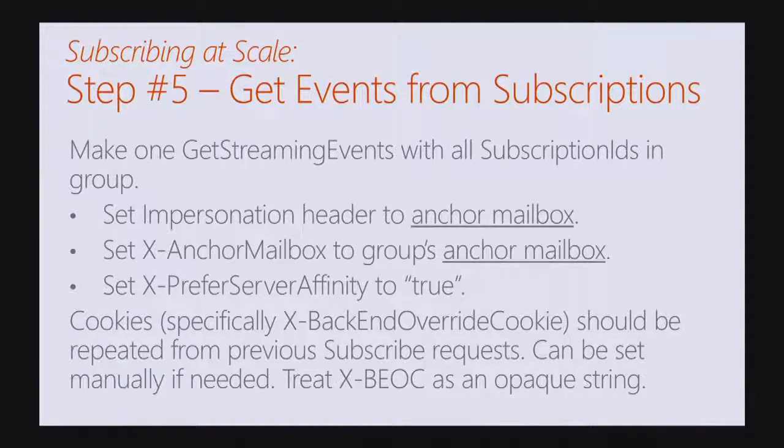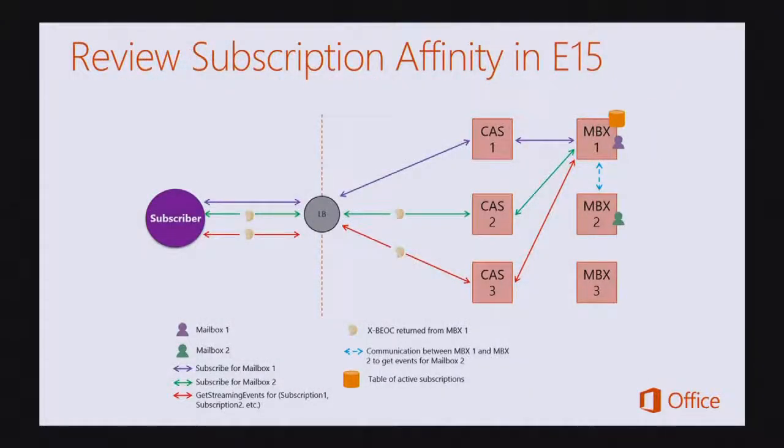But what you want to do is make sure that's set, but then also set the X-PreferServerAffinity to true in all these requests, so that the CAS will look at that prefer server affinity header before it even looks to route by the backend override cookie. So that's how we get to this point where we're routing requests to mailbox 1 repeatedly. Even if our target mailboxes move, we find our way back to the active subscription table.